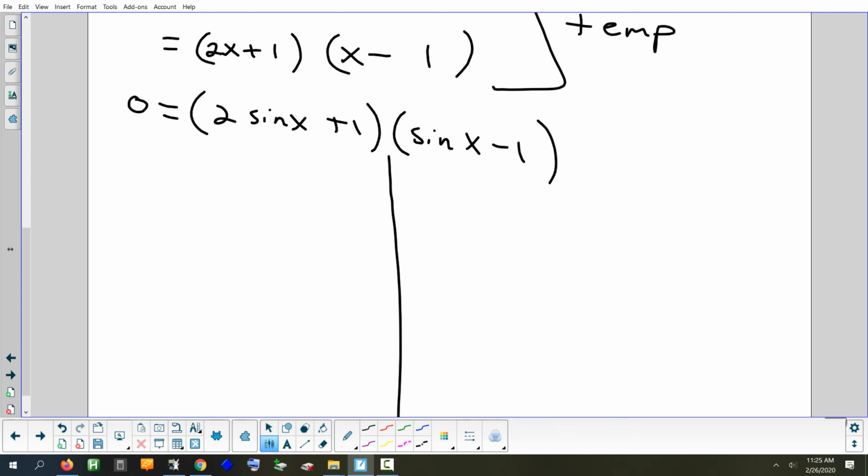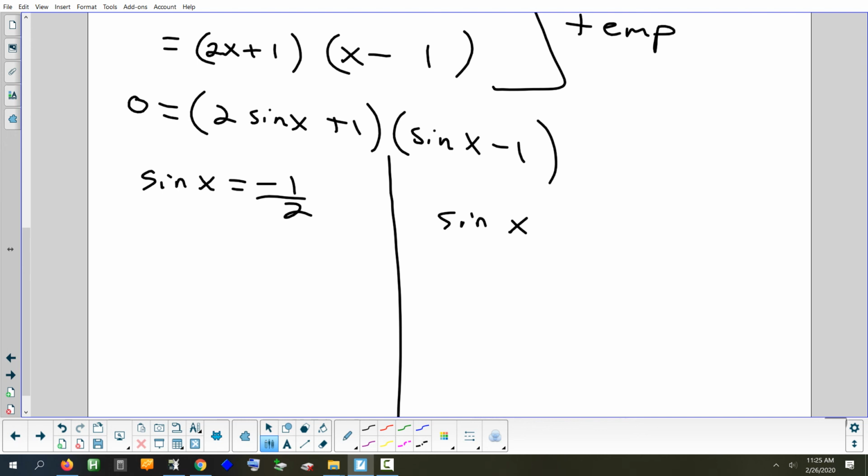Find the 0 of each factor. So if you set the first factor equal to 0, you'd have to get the 1 on the other side and the 2. Sam, how would you get the 1 on the other side? Subtract. Yep. And how would you get the 2 on the other side? Divide. Yep. So we got sine x equals a half.